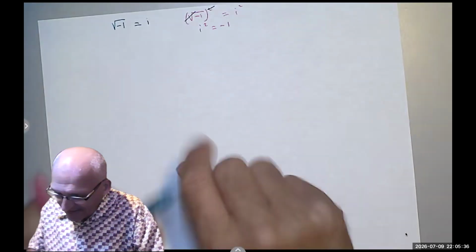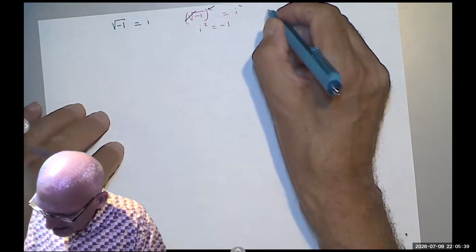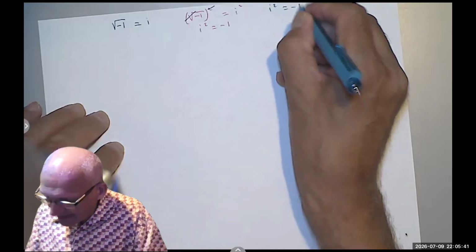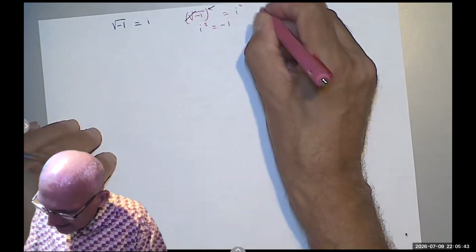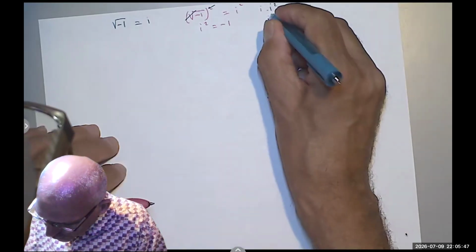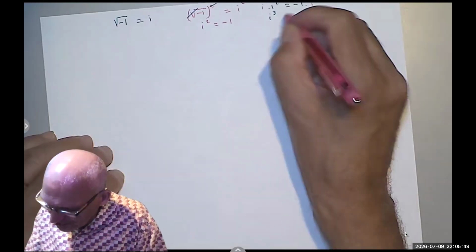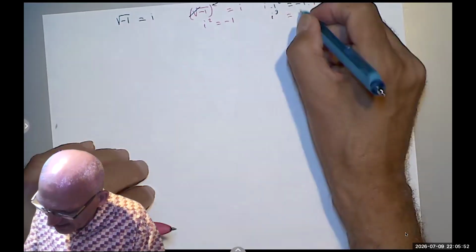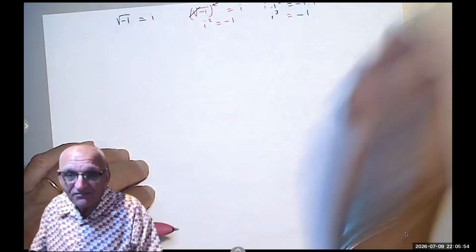And then if I take I squared equals -1 and multiply both sides by I, the left-hand side would be I cubed, and the right-hand side would be -I, since -1 times I is -I.